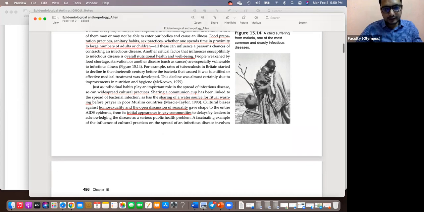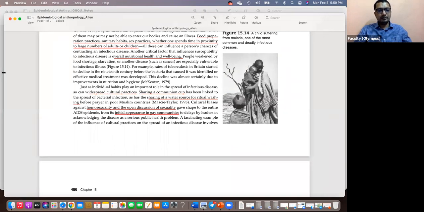Okay, and a few examples I want you to take from this document are factors, and here I'm giving examples of socio-cultural factors. Some communities have a habit of sharing things. So widespread cultural practices can also define the way infections spread. Sharing a communion cup has been linked to the spread of bacterial infections.